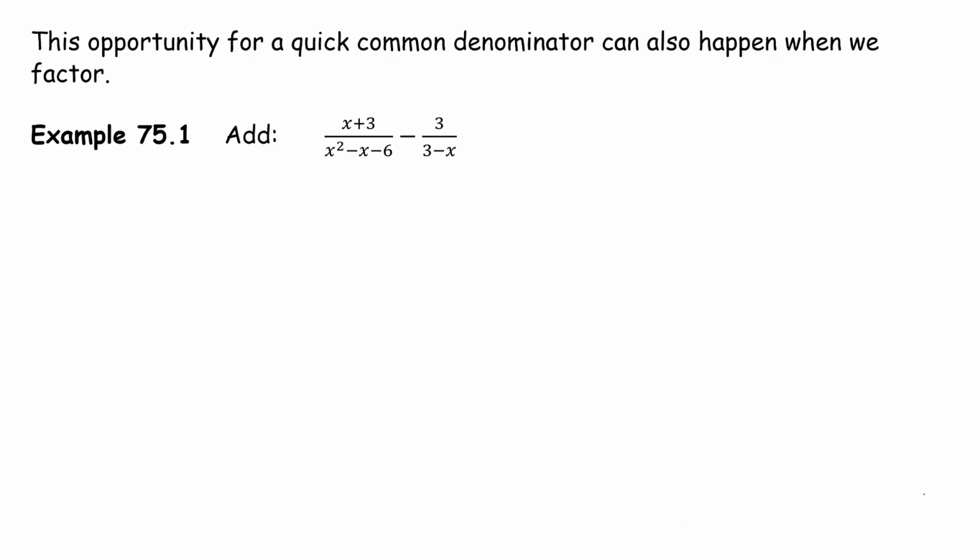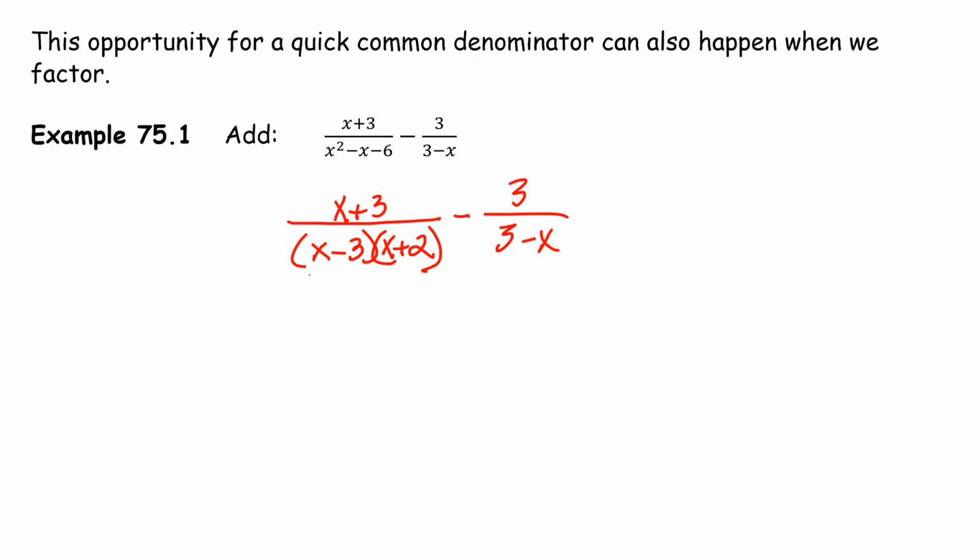All right, so now we're going to do some more like this, except now there'll be some factoring involved, and there may be other factors, not just two opposites, but there might be another factor as well. So we're going to factor this denominator. So we'll have x plus 3 over x minus 3, x plus 2, and then over here we have this.